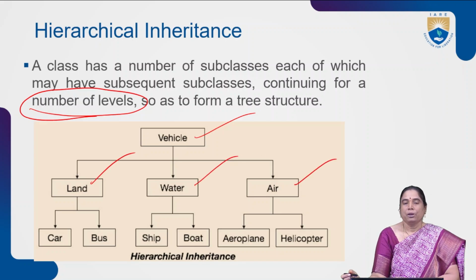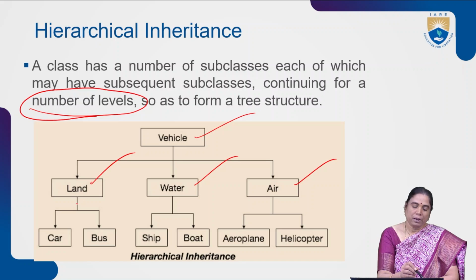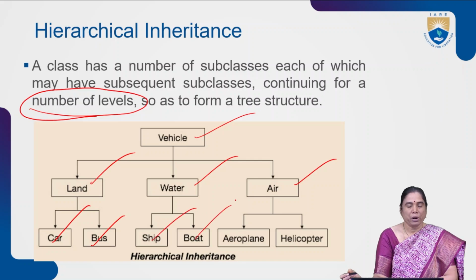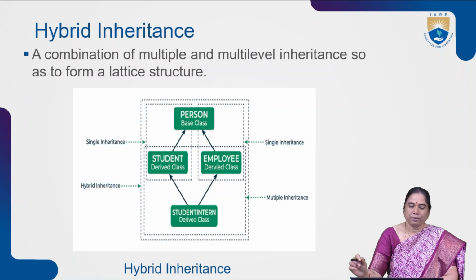These are again used as base classes for deriving the next level of subclasses, forming a tree structure. For example, the land base class is used to derive the two subclasses car and bus. The water base class is used to derive the two subclasses ship and boat. The air base class is used to derive the two subclasses aeroplane and helicopter. So, this variety of inheritance is called hierarchical inheritance.